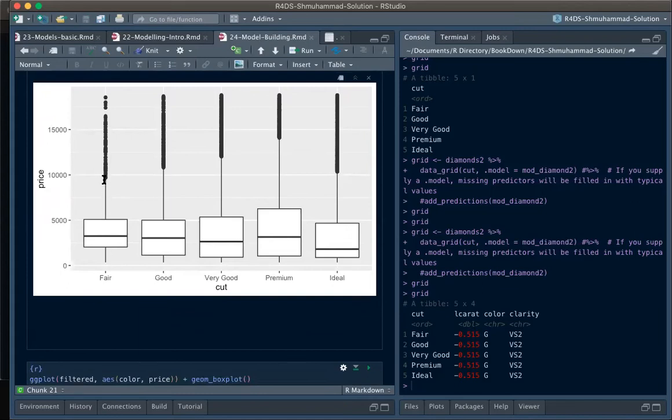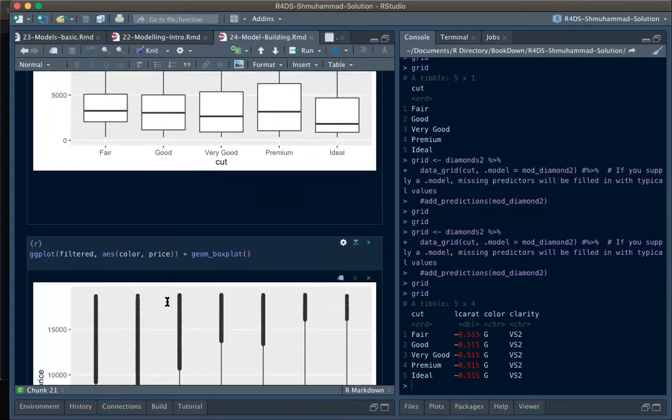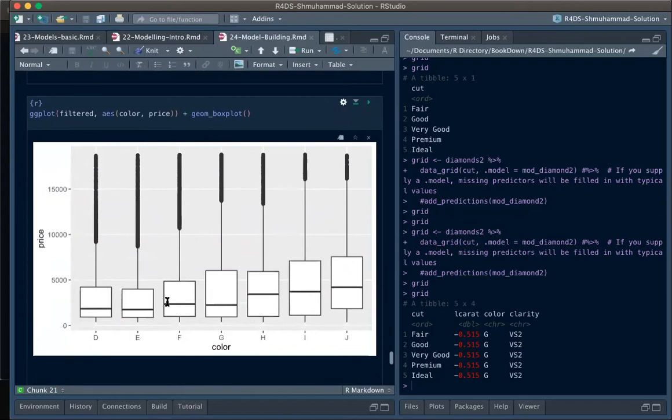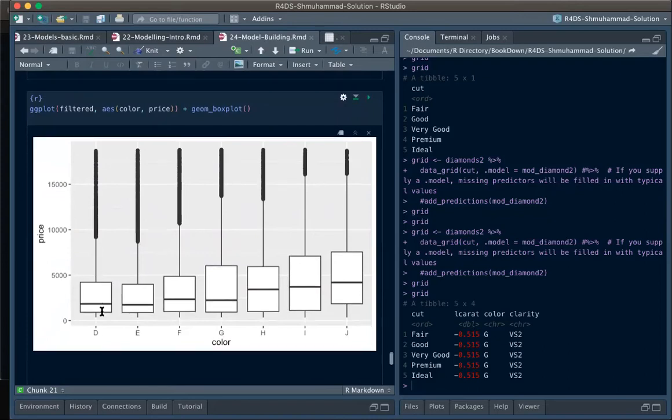This is fair, and you can see its price is lower than the other ones. Yeah, probably. And also this is the price based on the color. So we know that this is the highest price, and you can see the price is higher. I mean, this is the good color and this is the worst color, right? And we can see here the price is somehow.